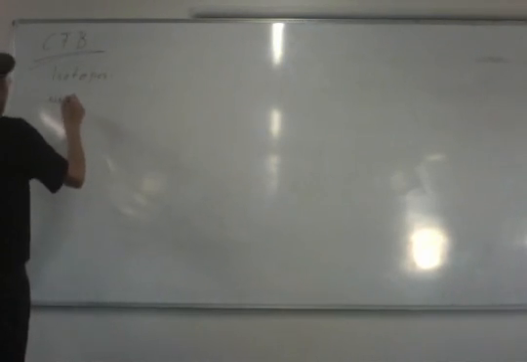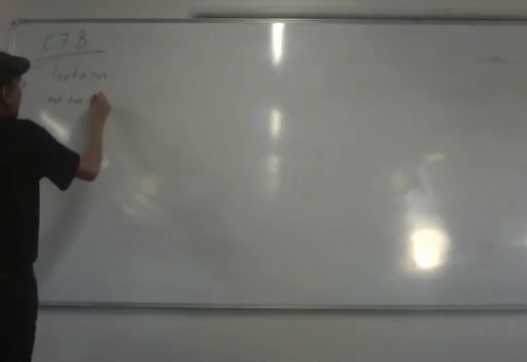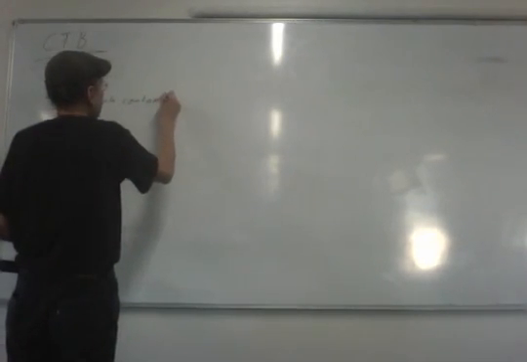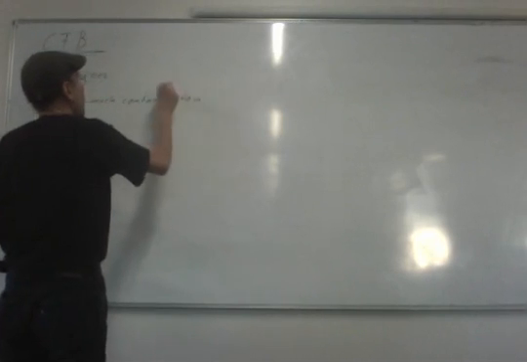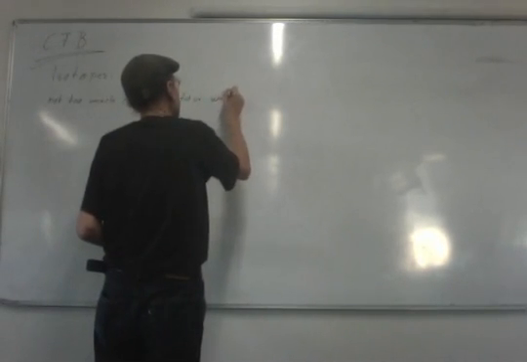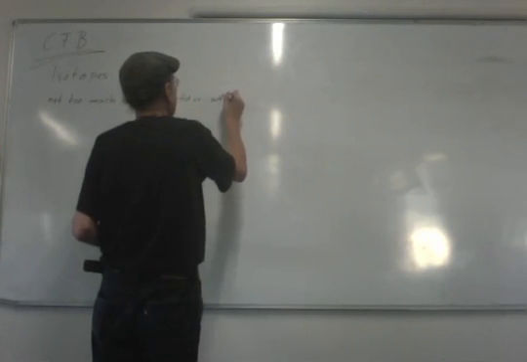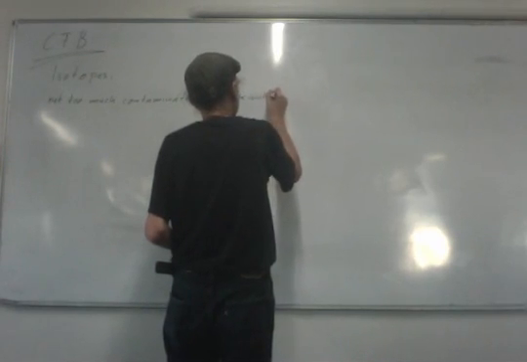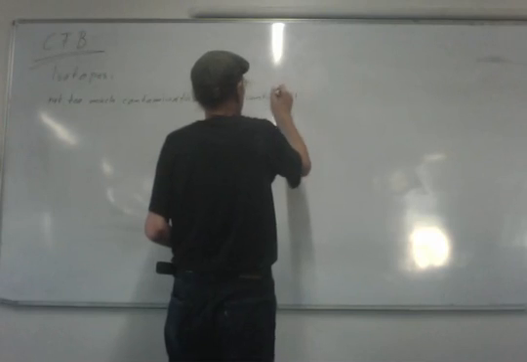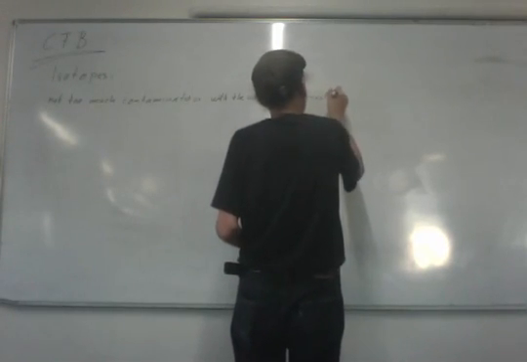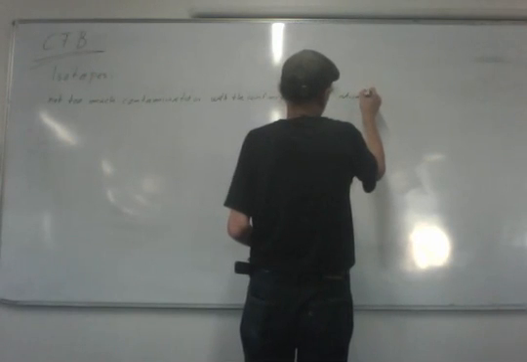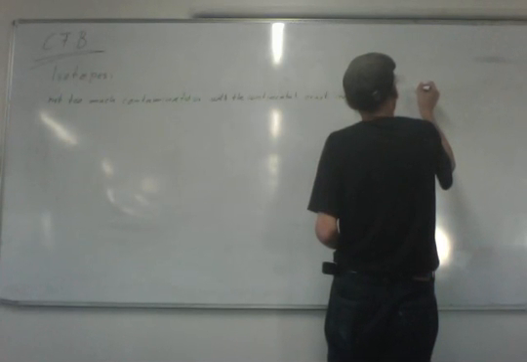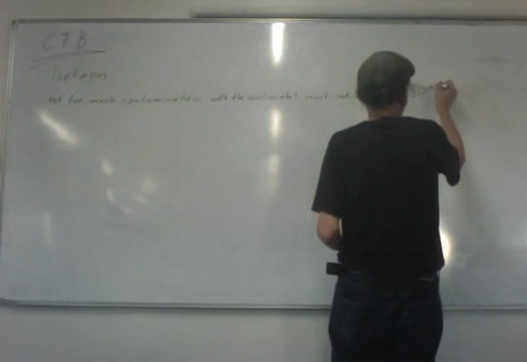And then we are just writing here: not too much contamination with the continental crust, indicated by delta O18.